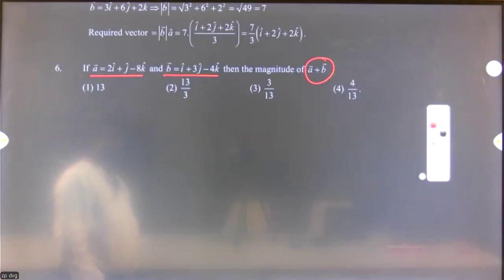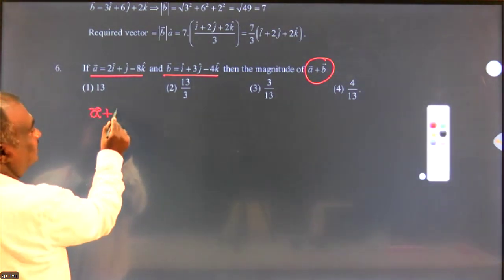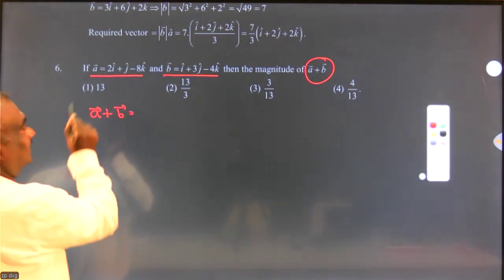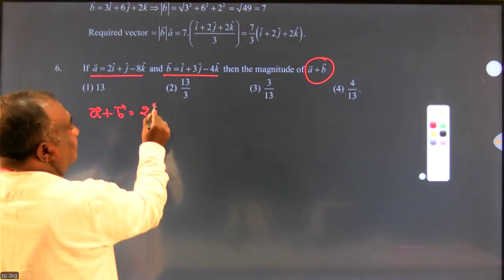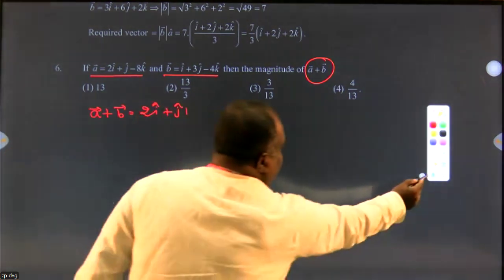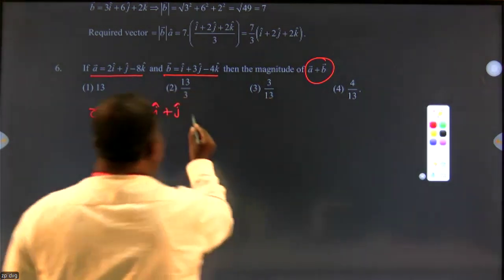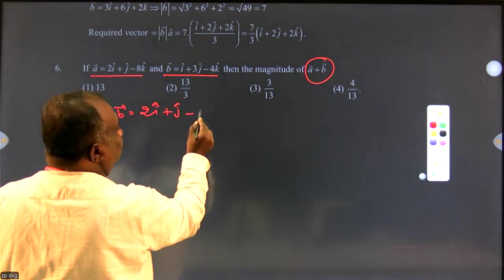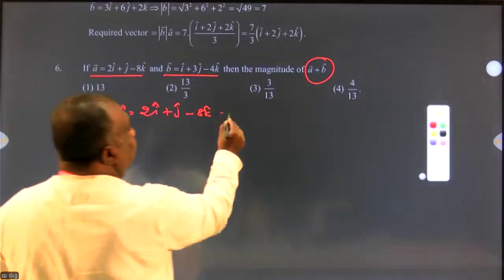Now, in the resultant vector, observe what they asked: magnitude is asked first. That means I am finding the magnitude here. A bar plus B bar you have to find first. What is the A bar you have? 2I plus J minus 8K. And what is the B bar you have?